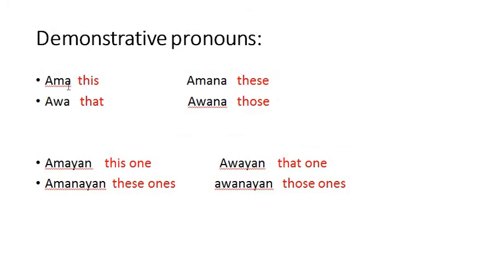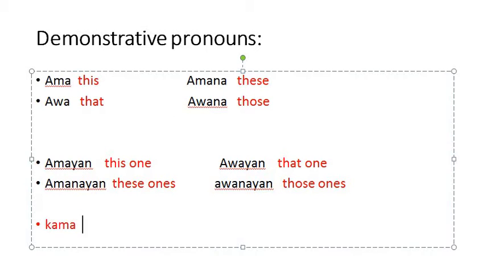Like you go to a shop, you say amshta bachanda, and the guy says kaman. Kaman means which one. And you would say aman, this one, or awan, that one.